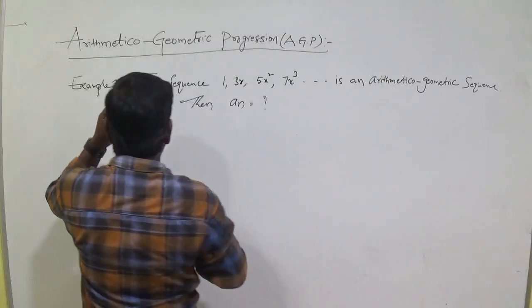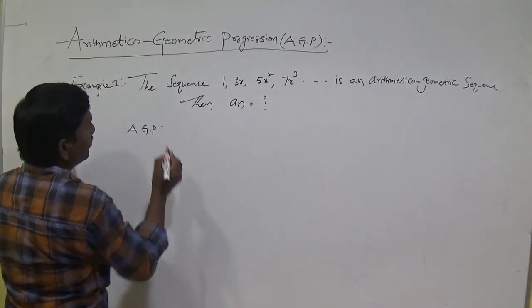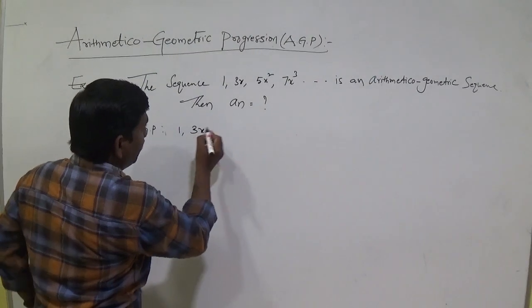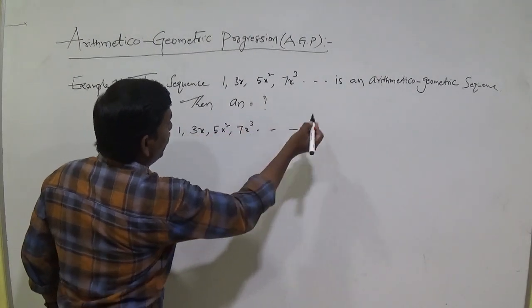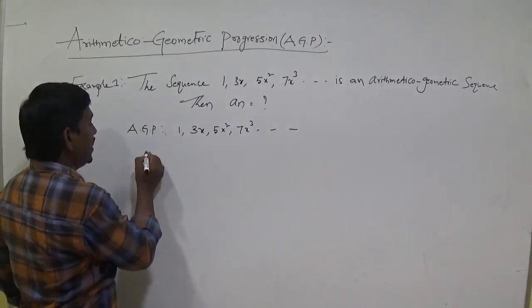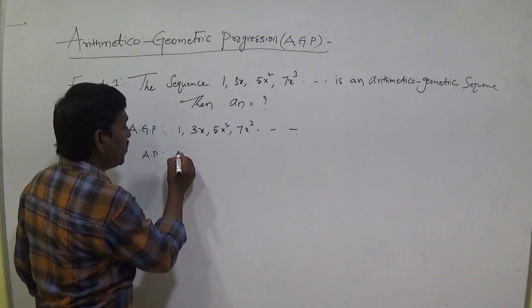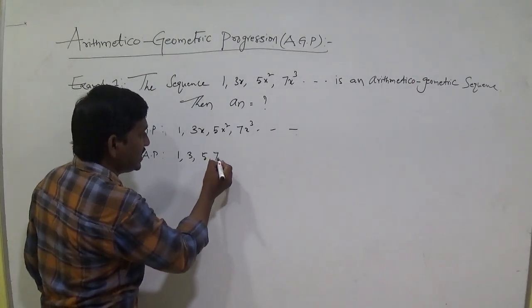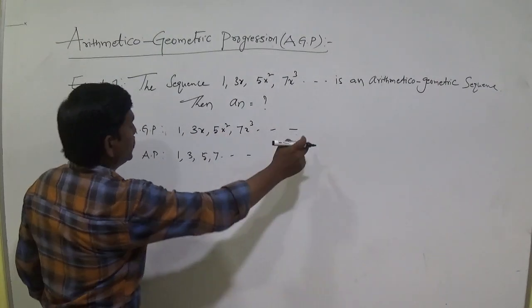Here the AGP is 1, 3x, 5x squared, 7x cubed, and so on. Let us separate the AP and the GP. The AP is 1, 3, 5, 7 and so on.